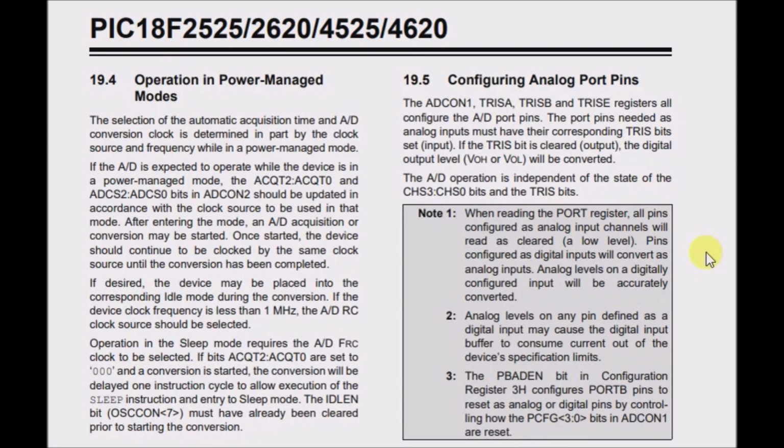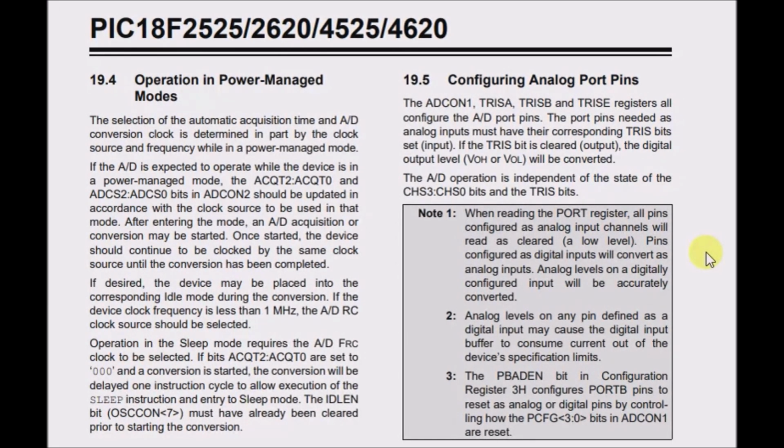Once started, the device should continue to be clocked by the same clock source until the conversion has been completed. If desired, the device may be placed into the corresponding idle modes during the conversion. If the device clock frequency is less than 1 MHz, the ADRC clock source should be selected.